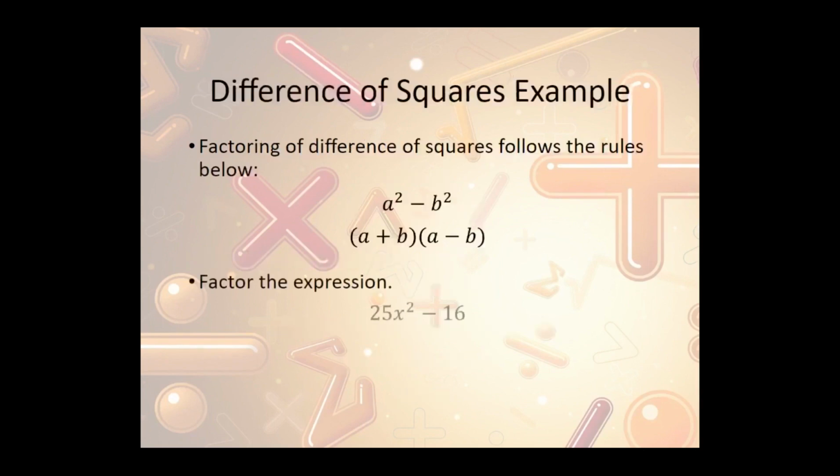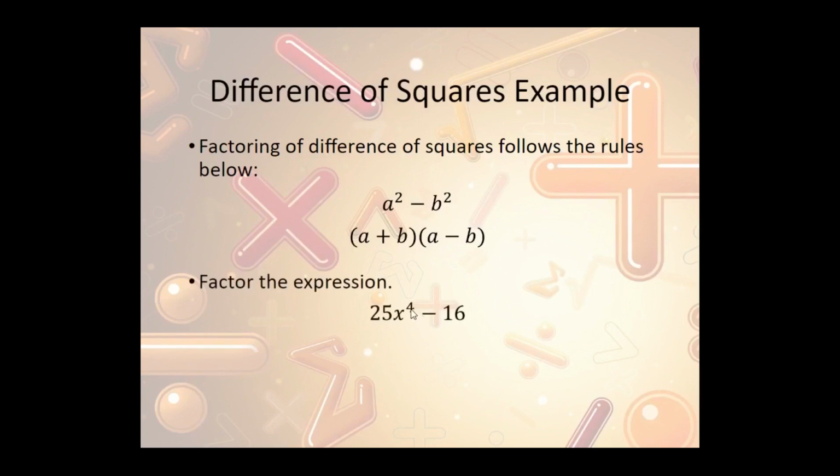Let's look at another example. We have 25x squared minus 16. Well, 25x squared is really 5x squared, and 16 is really 4 squared. So we can rewrite this as 5x plus 4 times 5x minus 4. And that's our factored version. Let's look at another example. 25x to the 4th minus 16.